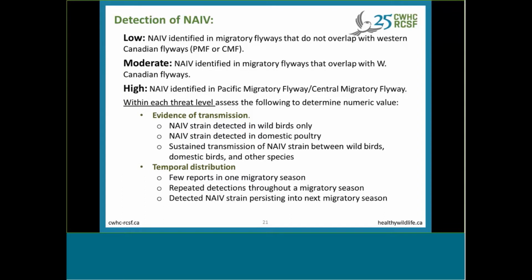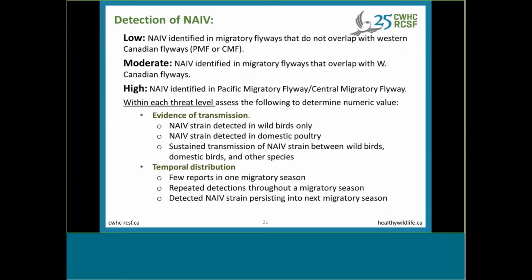Moderate is numbers 4, 5, 6, and 7, but because the viruses have persisted over years and they're easily transmitted, I put them at the high end of the moderate level, so they were ranked 7 for British Columbia. And I put it at 6 in Alberta because Alberta's flyway doesn't overlap as much with the Asian flyways.